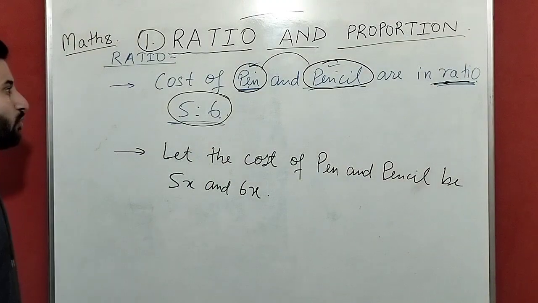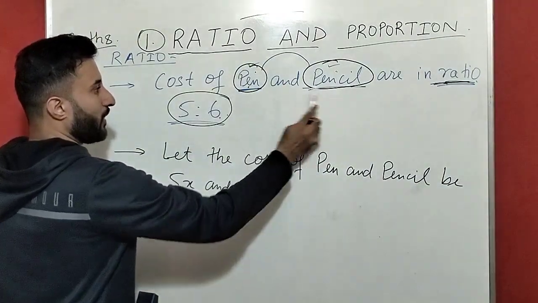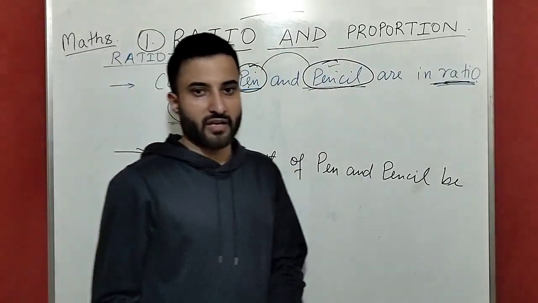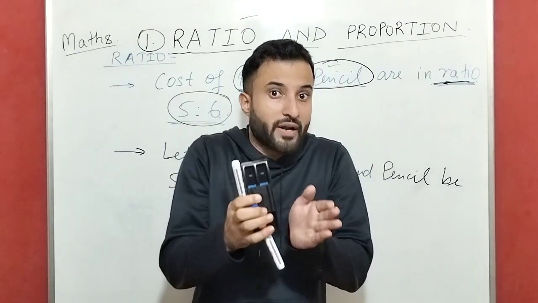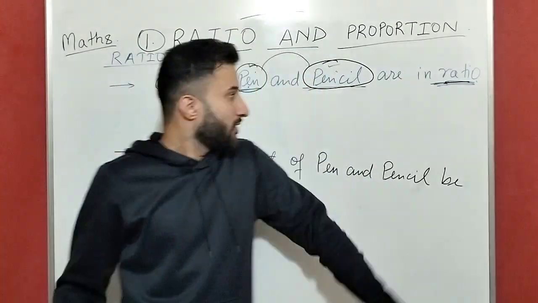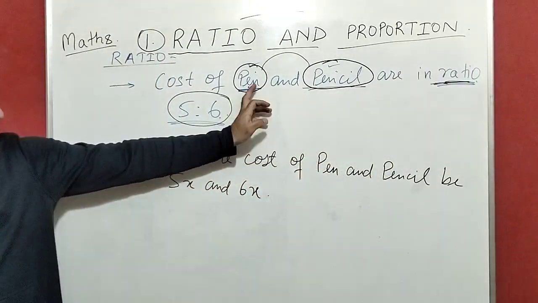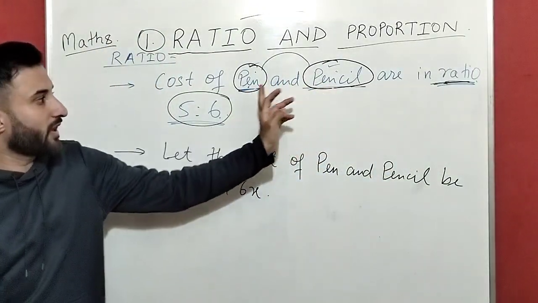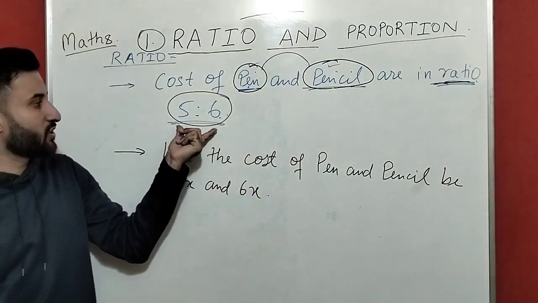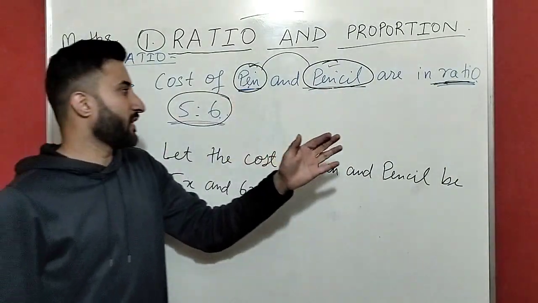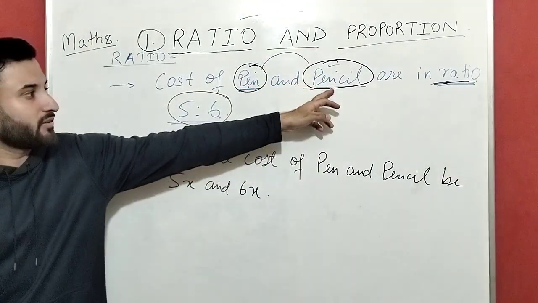Once again I am saying, if two quantities are given in ratio, how are we going to express these two quantities?